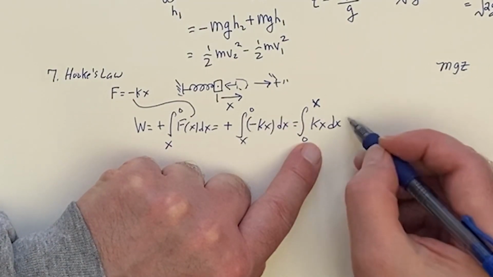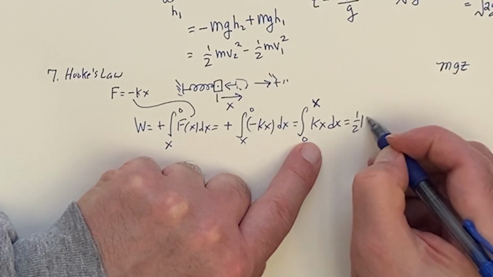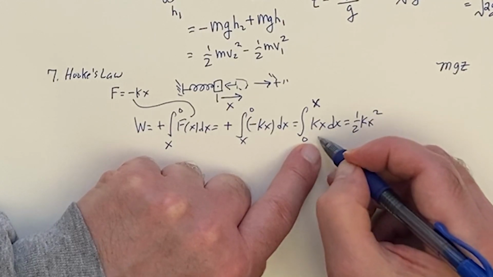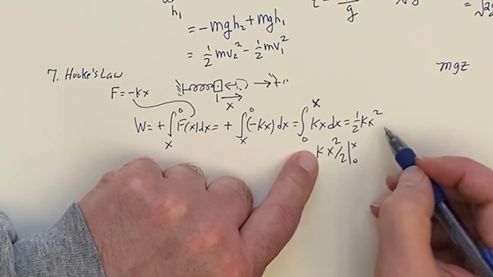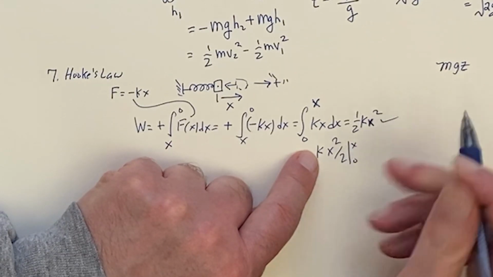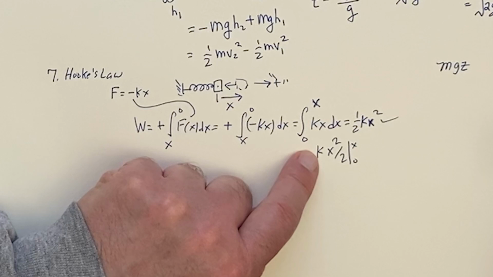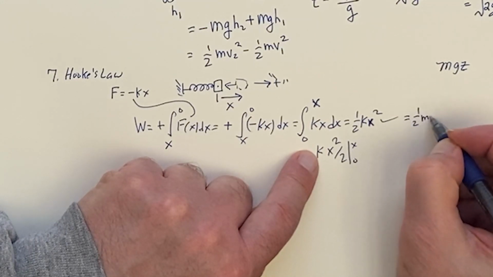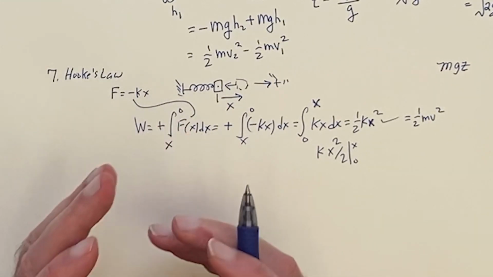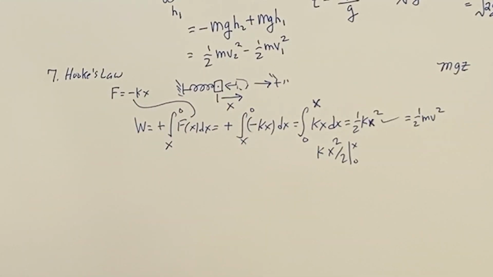If I pull the thing back, I'll do this work, 1/2 kx squared, because when I integrate this, this is going to be k, x squared over 2 from 0 to x. So that's the work I would do to pull it to the right. And then if I let go, that'll be converted to the 1/2 mv squared. When it gets to the center, it's going to be moving at that speed.